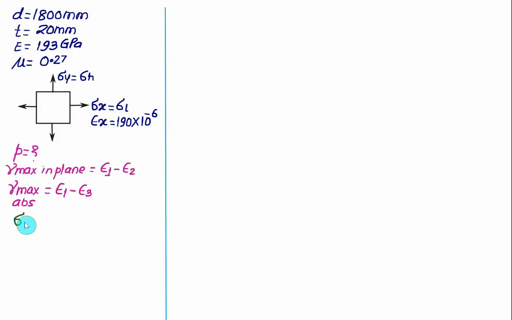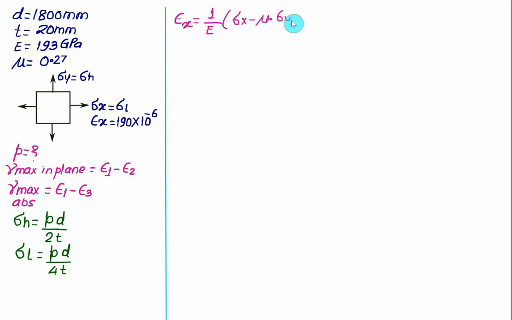We have the hoop stress, sigma h, given as pressure multiplied by diameter divided by 2 times T, and the longitudinal stress given as pressure multiplied by diameter divided by 4 times T. Since we have been given the value of epsilon x, we can apply the generalized Hooke's law. We have epsilon x equal to 1 upon Young's modulus E multiplied by sigma x minus mu times sigma y.